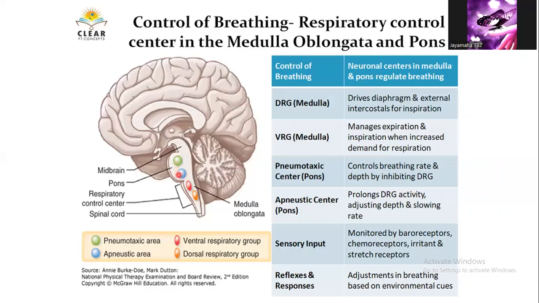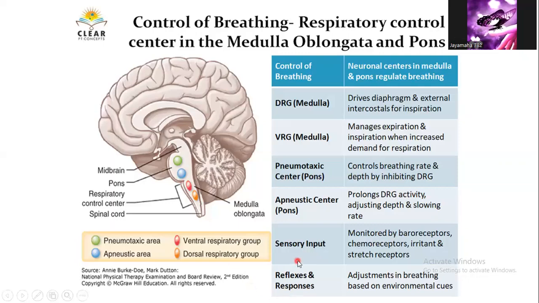Then the final one is the blue color apneustic area. It helps in prolonging the DRG's activity and leads to deeper and slower breathing. So its role is to work against the pneumotaxic center to maintain controlled breathing when needed.